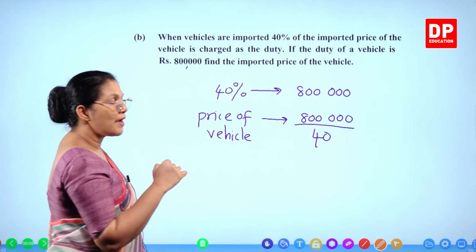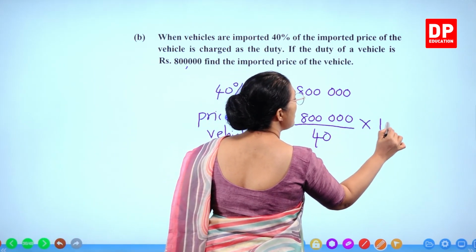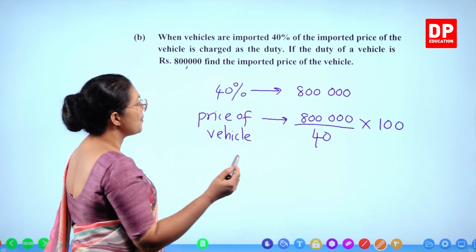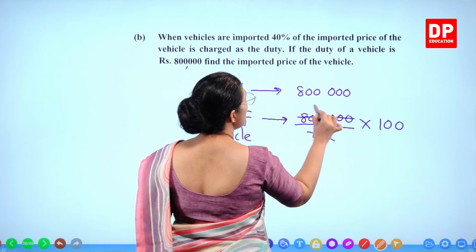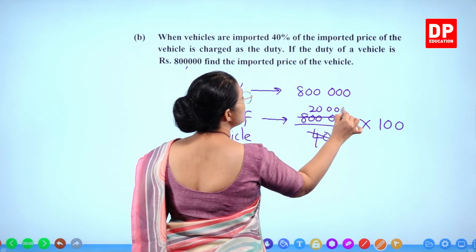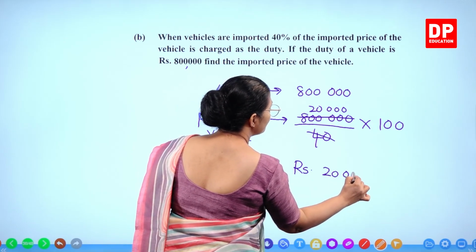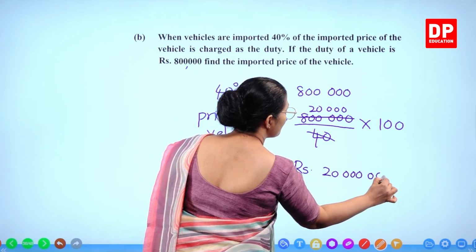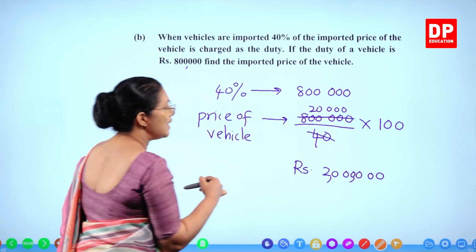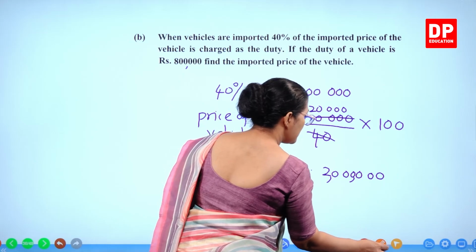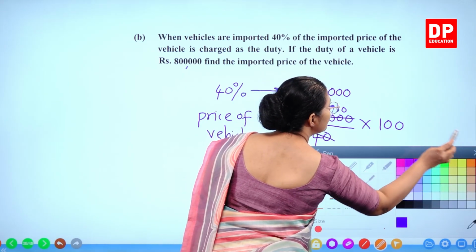So you have to divide by 40 and multiply by 100, because it's the total price. 40 times 2, 20,000 into 100 is 2 million. So that's the final answer.